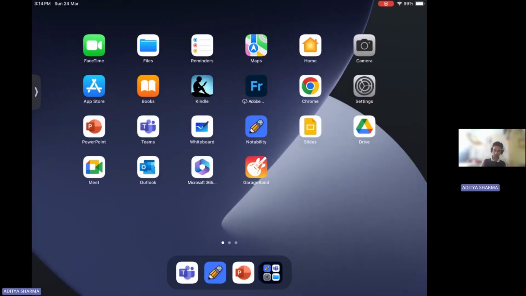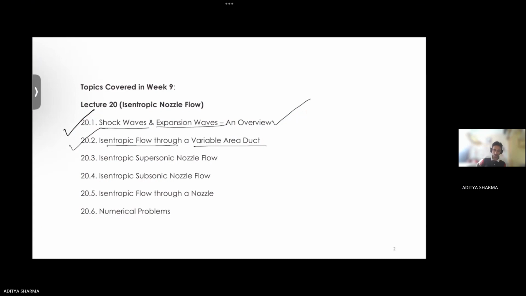So this was about the variable area duct, right? Then the next topic is isentropic supersonic nozzle flow, right? So in this case, we are concerned with supersonic flows only, right?